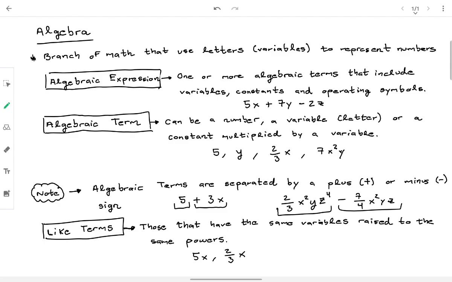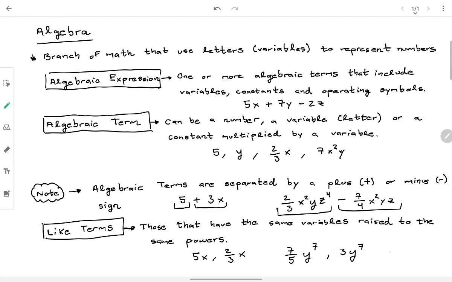If we have something like 7/5 y to the 7 and 3y to the 7, they will also be like terms because both of them have the same variable, in this case y, raised to the same power, in this case 7.